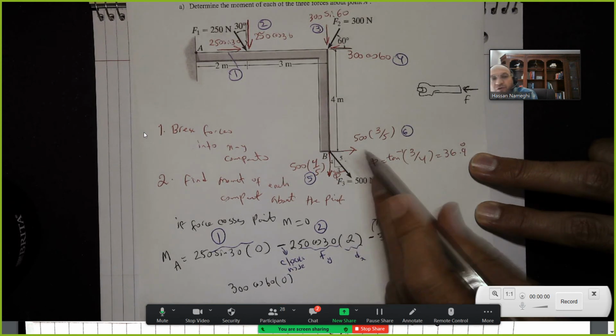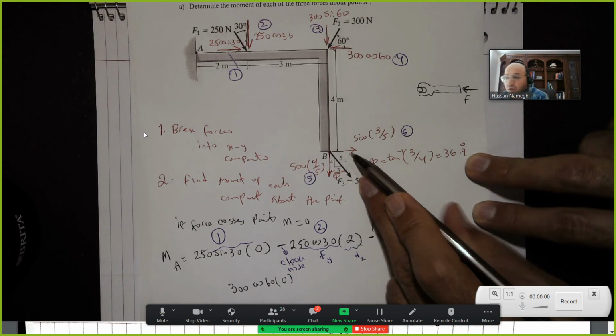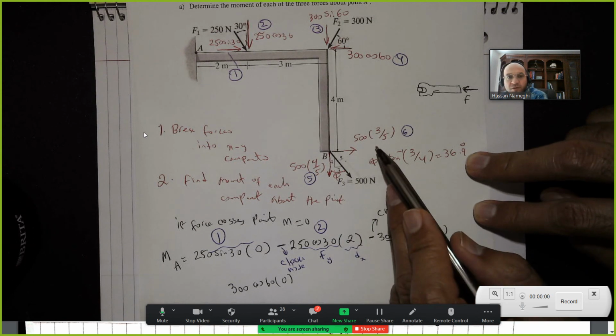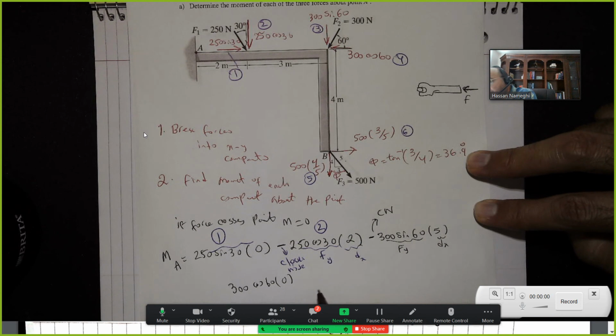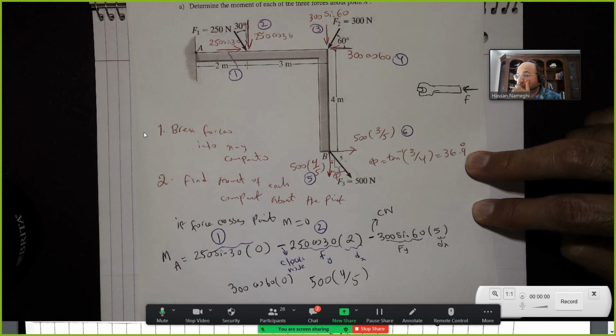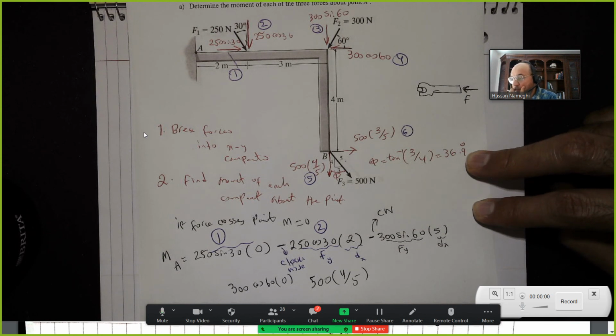I have 2 more things left. For 500 times 4 over 5, which is the fifth component, is that clockwise? It is clockwise.